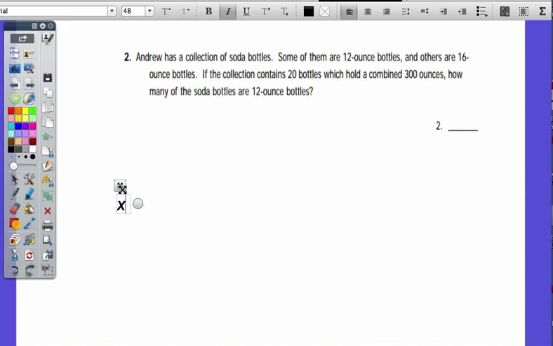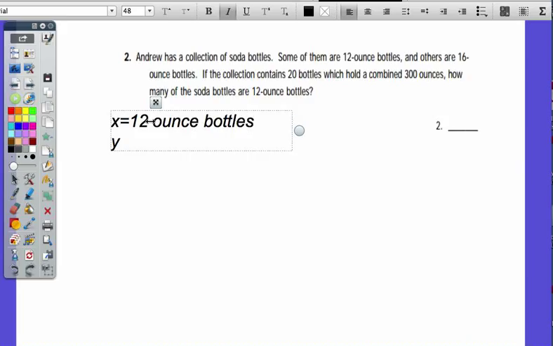So just like before with the cows, I'm going to define my variables. I'm going to let X equal my 12-ounce bottles. And I'm going to let Y equal the 16-ounce bottles. Okay, so now I'm going to write my equation.